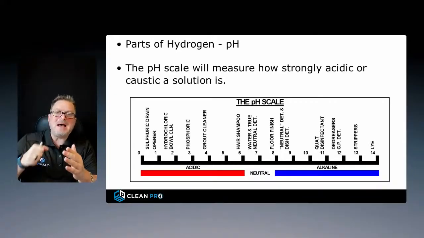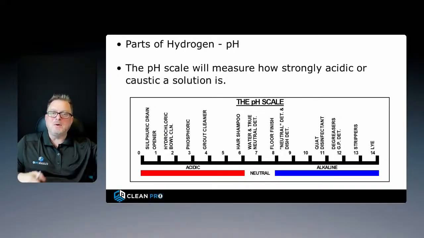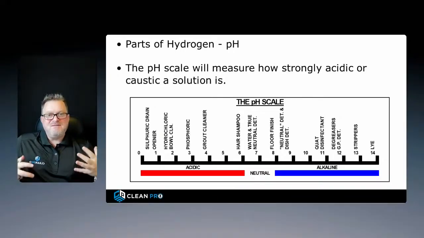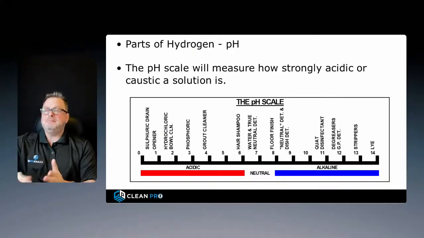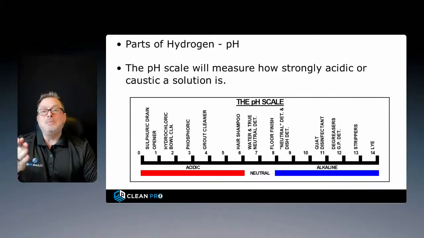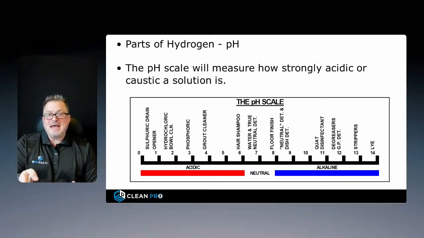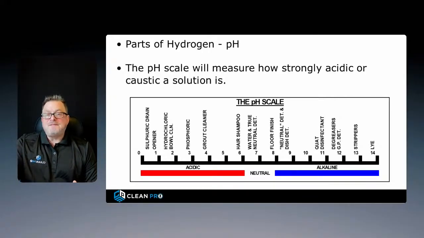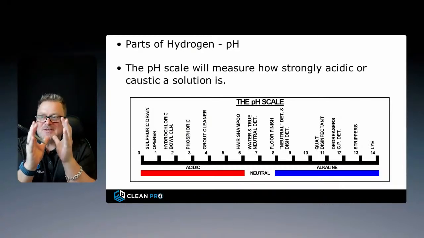So you can imagine the punching power as you're going up all the way to 14, where you're getting a very, very Mike Tyson type punch knockout. Vice versa, on the other side, it works exactly the same. 7 is 0, 6 is 10, 5 is 100, 4 is 1,000, and so on and so forth. So it's important to understand that.